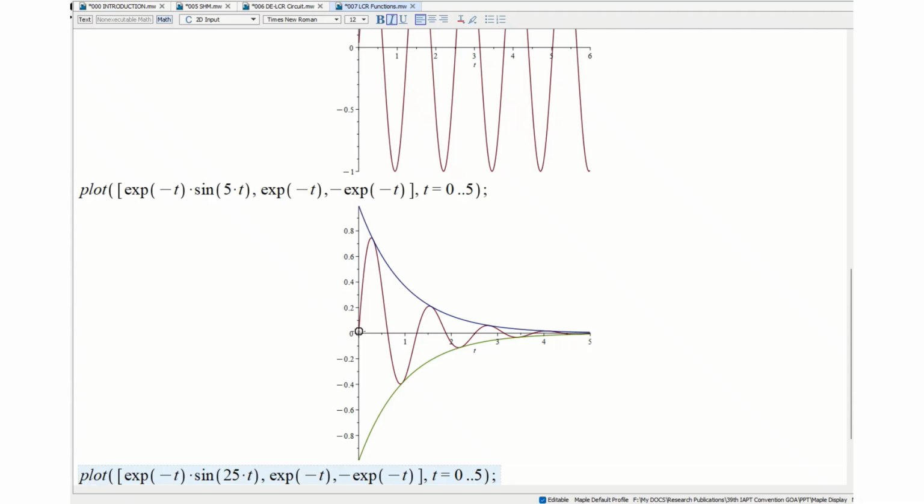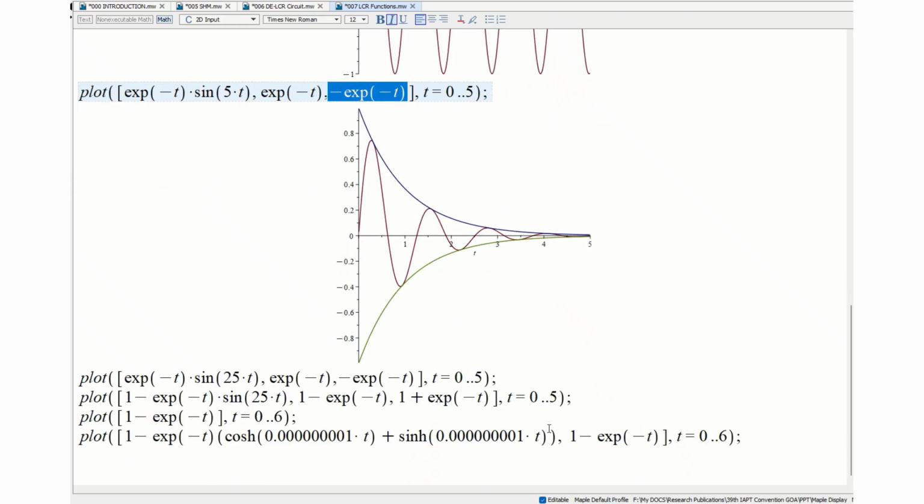So here you can see the sinusoidal wave with decreasing amplitude. Its amplitude is governed by e to the power minus t, and e to the power minus t is this function, and minus e to the power minus t is this. So the envelope of decreasing amplitude I have plotted along with the actual sinusoidal wave.